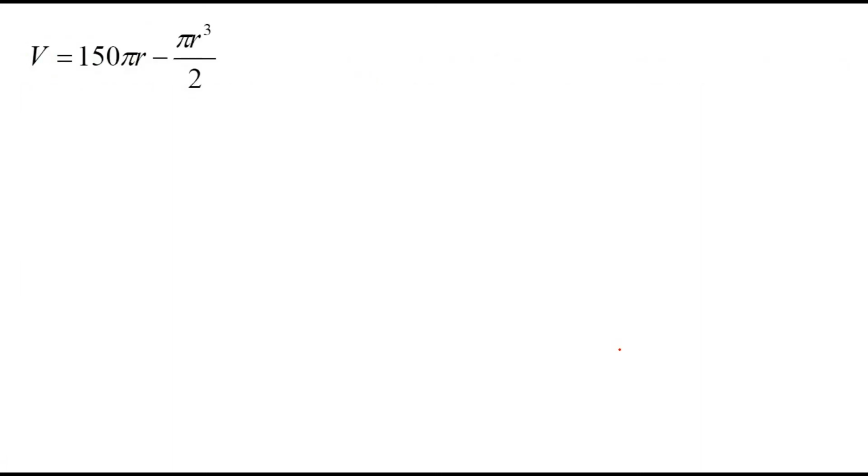We get dV/dr = 150π, differentiating as usual, minus the derivative of πr³, where r³ gives 3r², so 3πr²/2. This is our dV/dr.